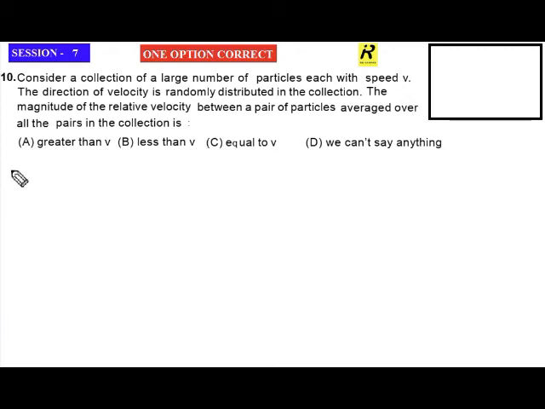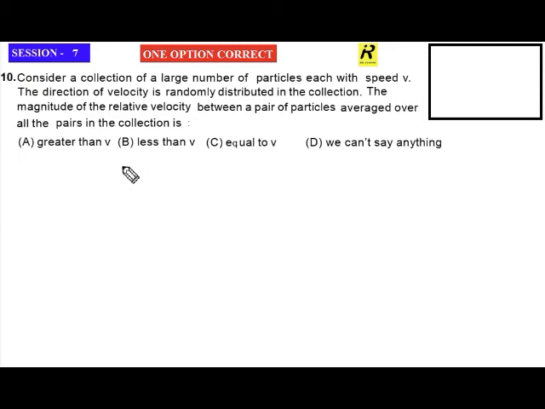Say one particle is here, moving with a velocity Vb in this direction, and another particle is moving in some other direction with a velocity Va. If this is the situation, then this direction indicates the velocity of relative motion between particles A and B.